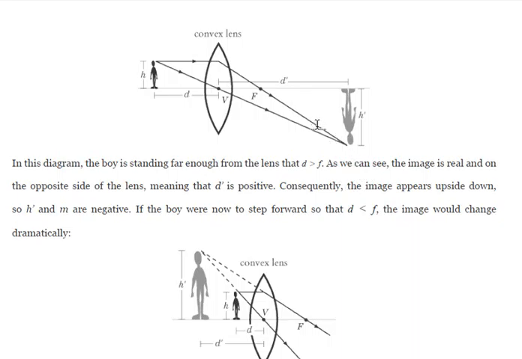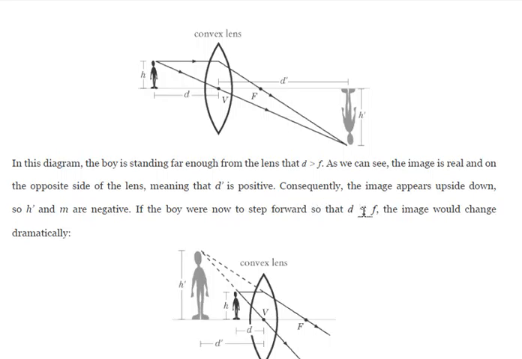It's made from the actual rays that get refracted as they pass through the lens. So on the opposite side for a lens means real. So our image distance is going to be positive. So because that happens, then the image appears upside down. So the image height and magnification are both negative.